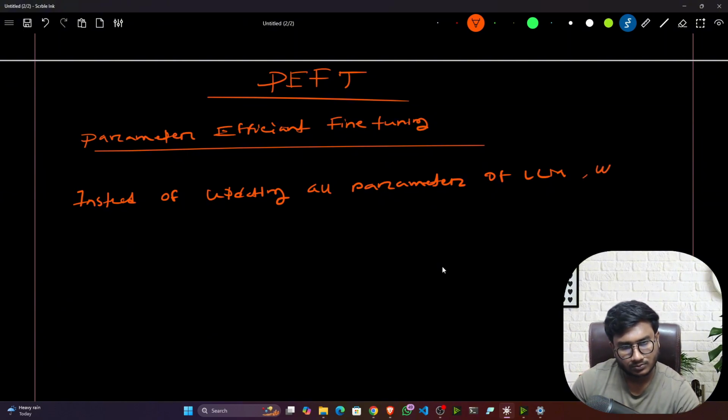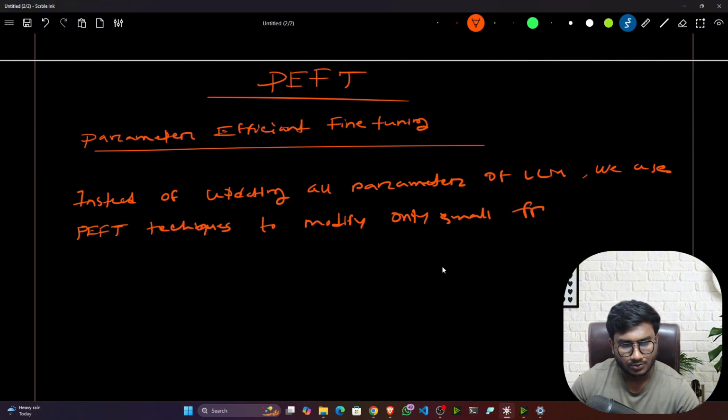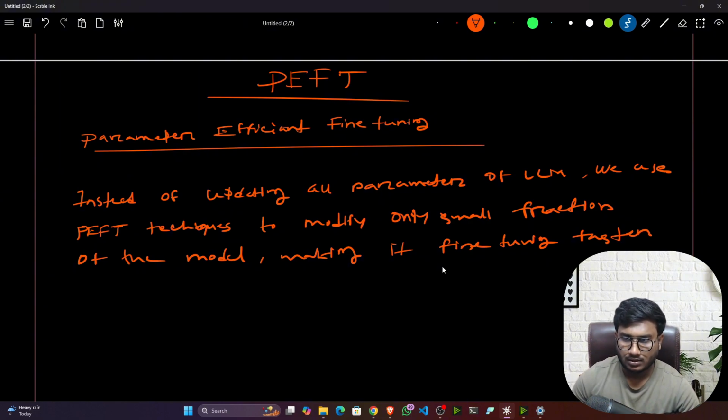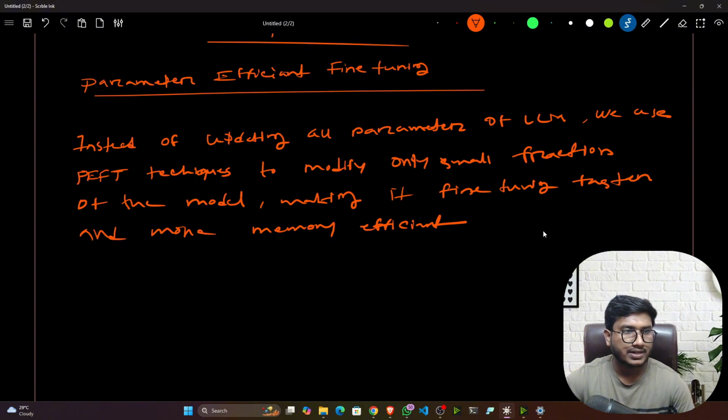We use PEFT techniques to modify only a small fraction, okay, fraction of the model, making fine tuning faster, okay, faster and more memory efficient. All right, so guys, I think you got to know what is parameter efficient fine tuning.